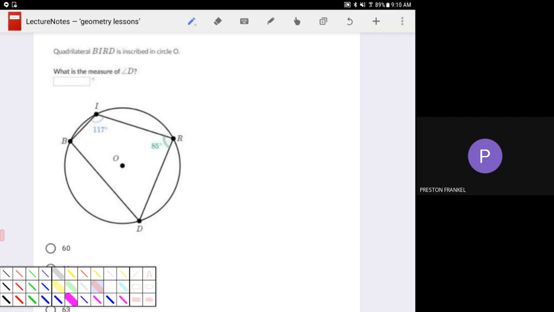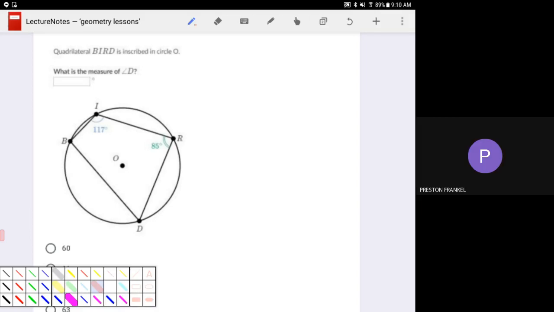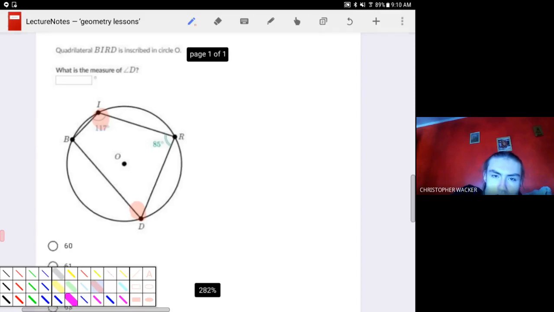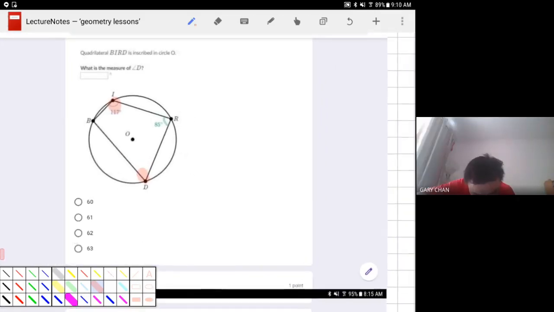So we know that the opposite angles would be supplementary, so they would add up to 180. Good. What would angle D have to be in that case? It would have to be 63. I love that. You got it.